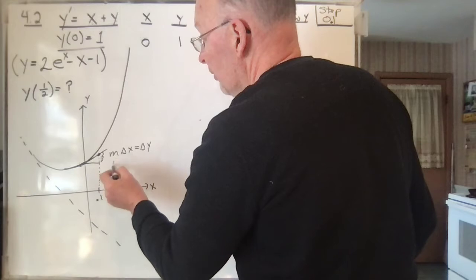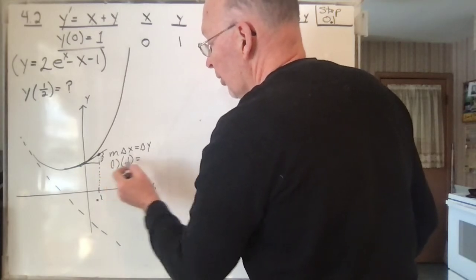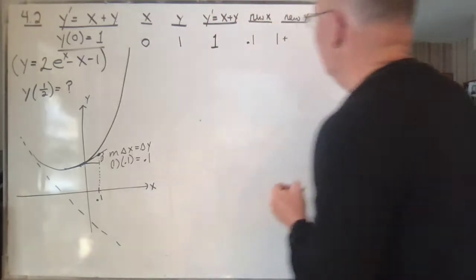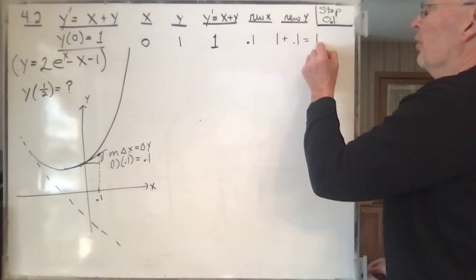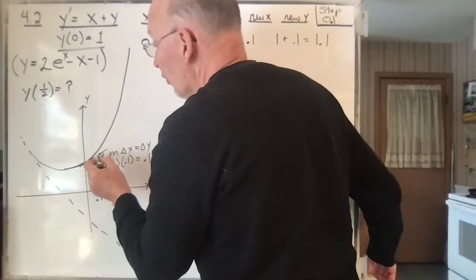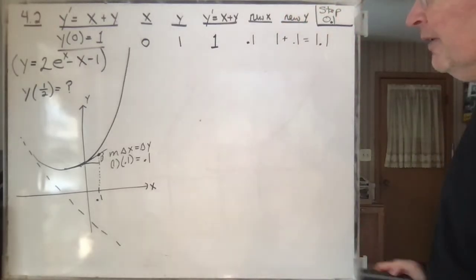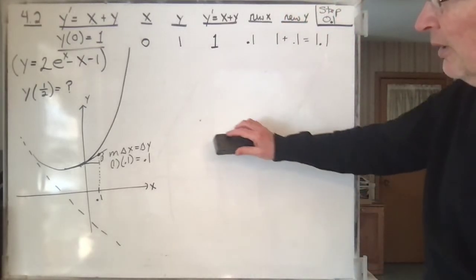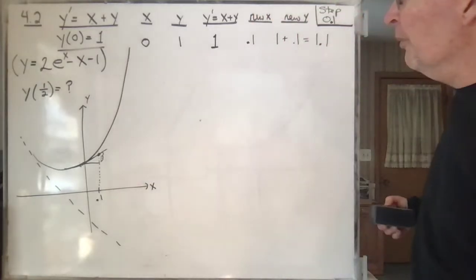That slope is 1, and the change in x is 0.1, and you multiply those together and you get 0.1. So it's going to be 1 plus 0.1, which is of course 1.1. So there's your new point, which we're going to pretend is on the graph, even though we know it's actually a little bit off. Okay? So where do we go from there?